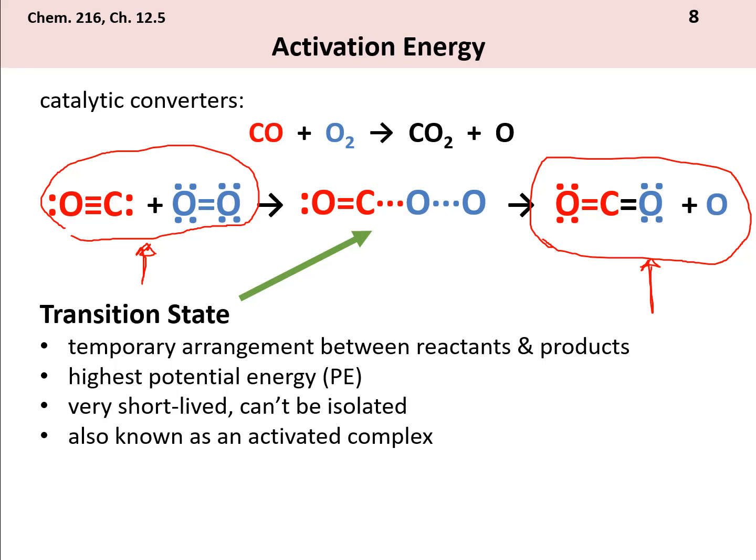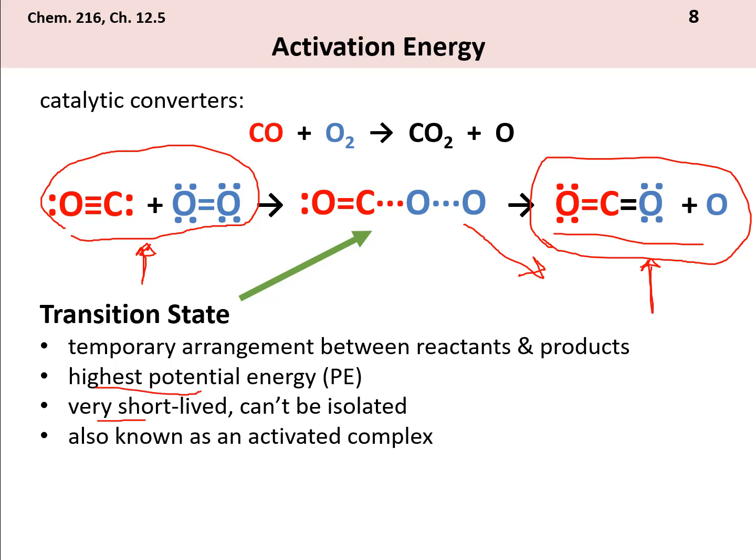Okay? They have a very high potential energy, right? So this, right, is very high energy. And that's why this doesn't last very long. Instead, it goes and it forms this compound right here, because the universe likes low energy. So it has the highest potential energy.